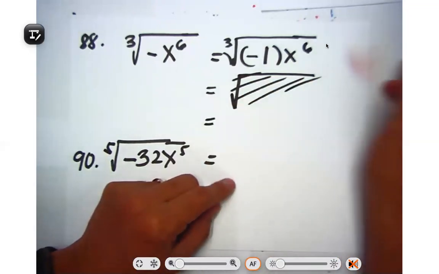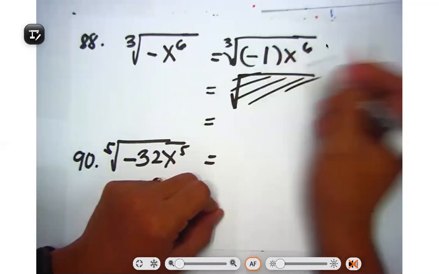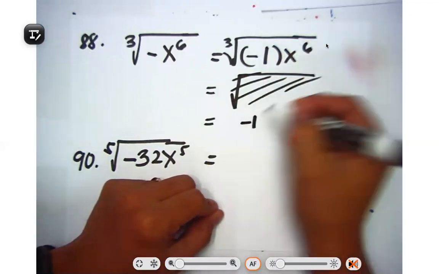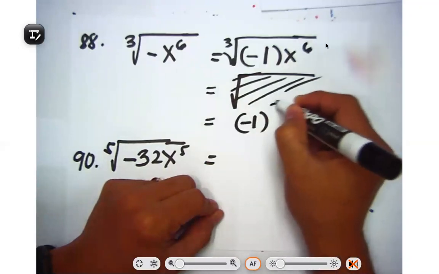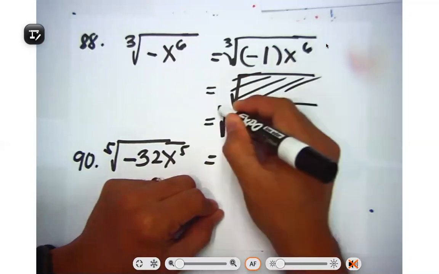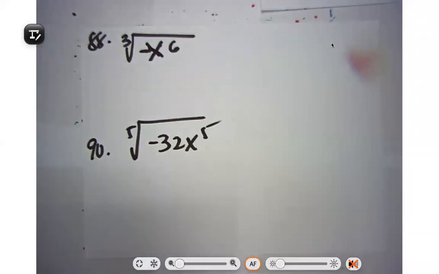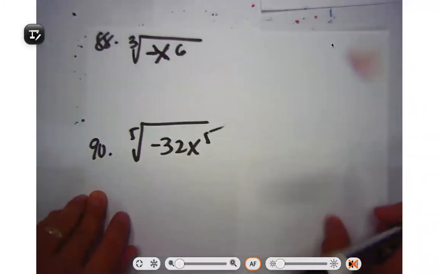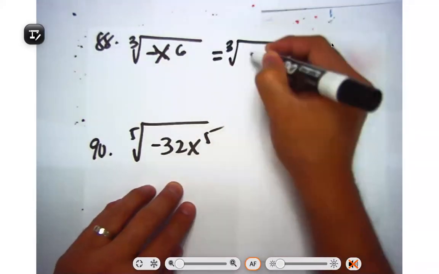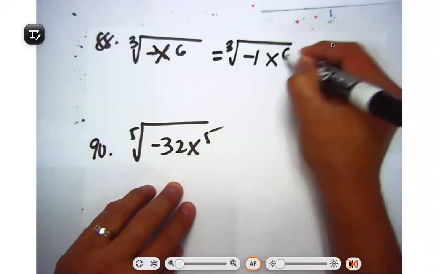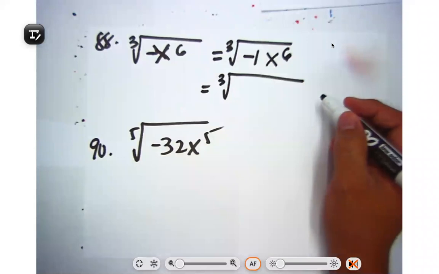A number will give you negative 1 when you multiply it by itself 3 times. It will be negative 1 raised to 3. So for cube root of negative x raised to 6, we can rewrite this as cube root of negative 1 x raised to 6. And we can rewrite negative 1 into exponential form.